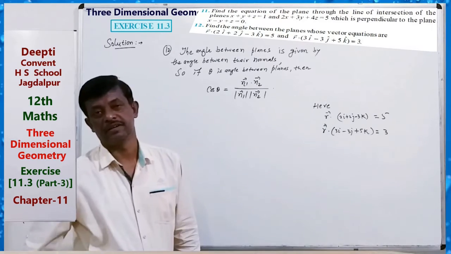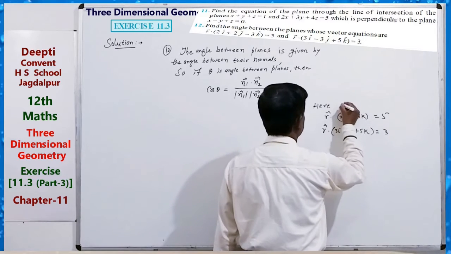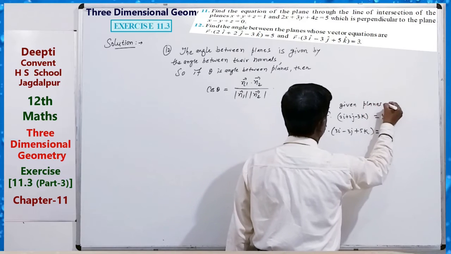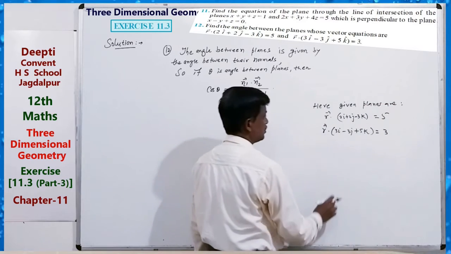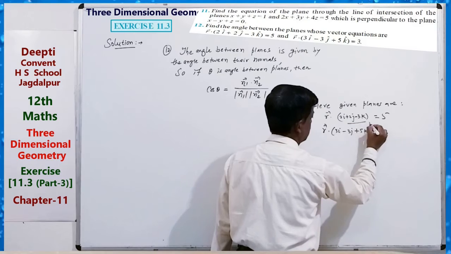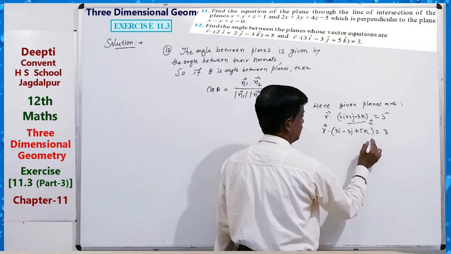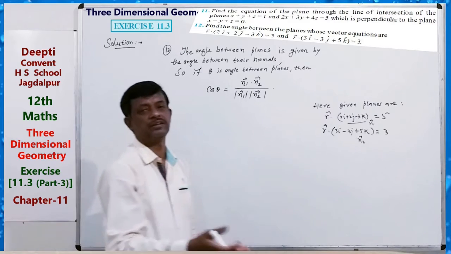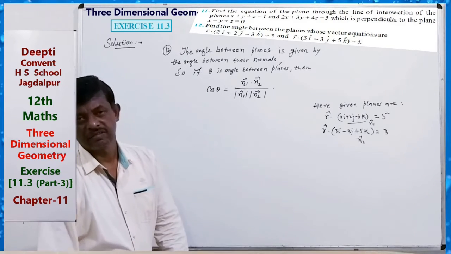These are the given planes. So this is n1 and this is n2. Just use these two vectors and you can get the angle.